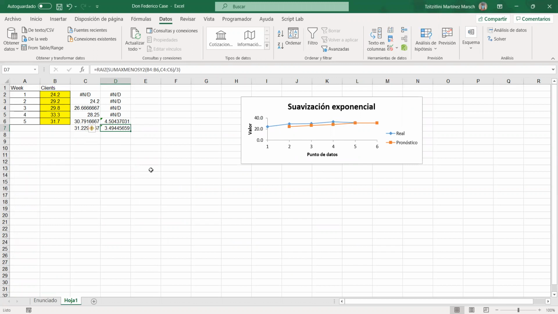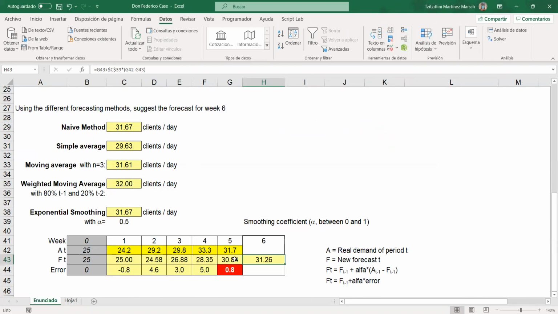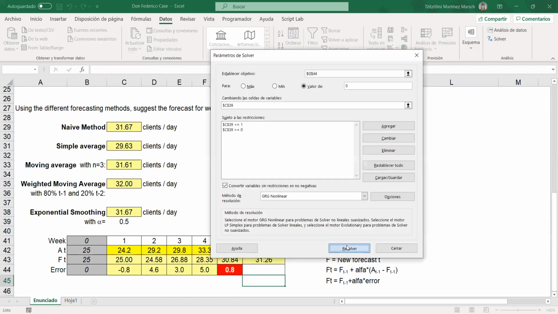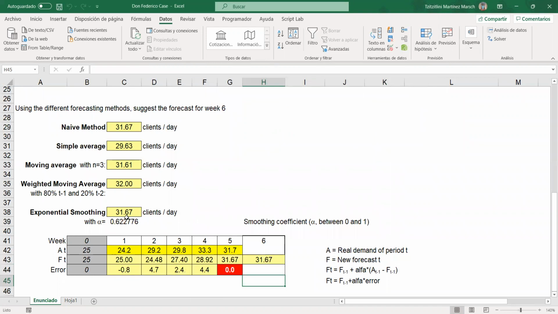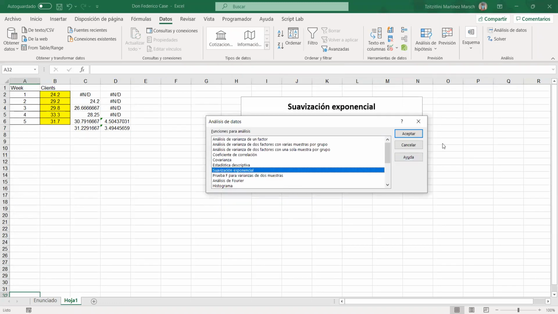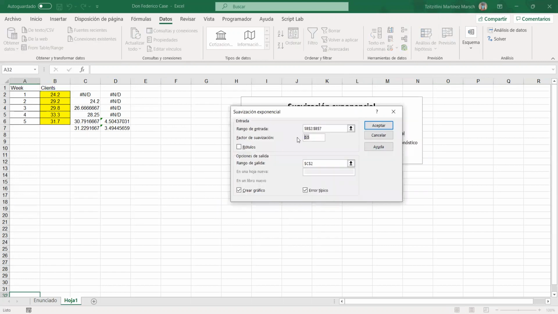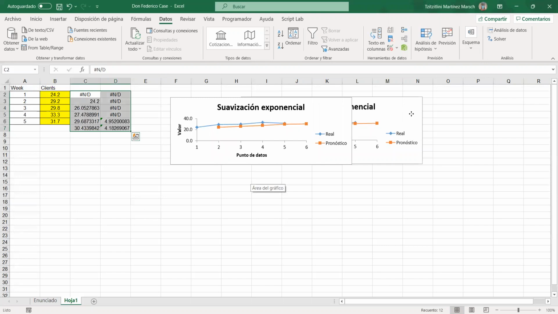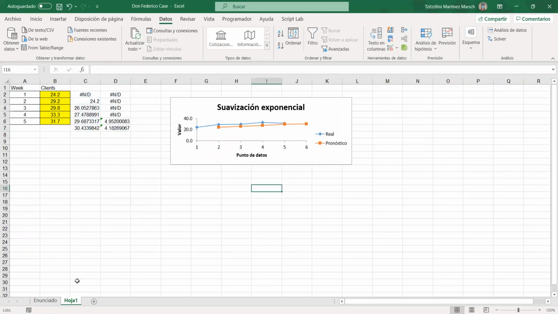So this is another way you can do it, except if you see this particular error is not giving me the optimum that I found right here with Solver. And you'd have to play a little bit with that in order to figure out this magic number. But if I put this, let me go ahead and put this one over here. Oh, sorry. Exponential smoothing. It says it's going to correct it.